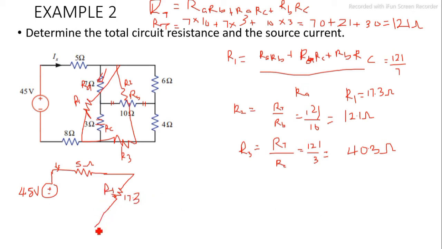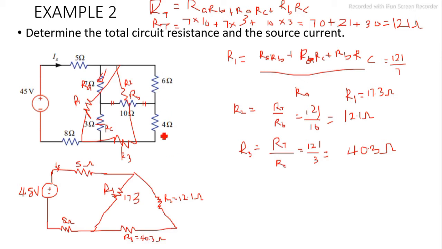Then down here, you have 8 ohms here. Then R2, which is 12.1 ohms. Then you have R3 here, which is 40.3 ohms.